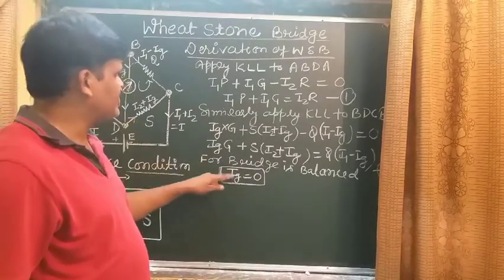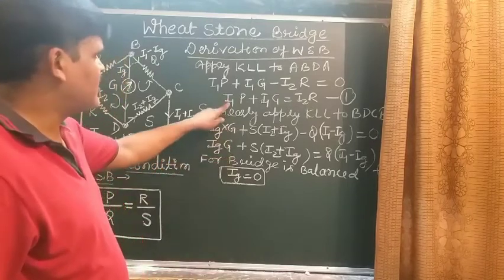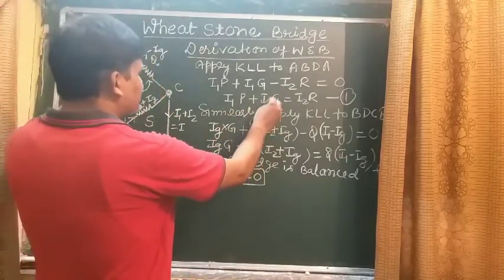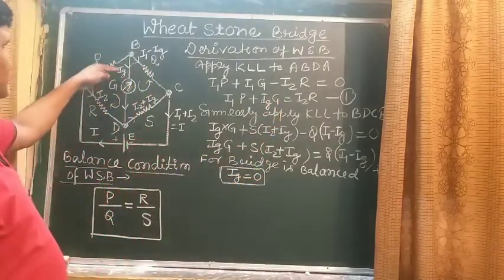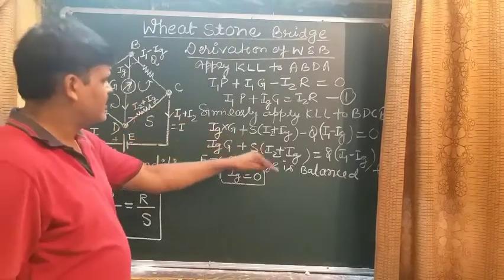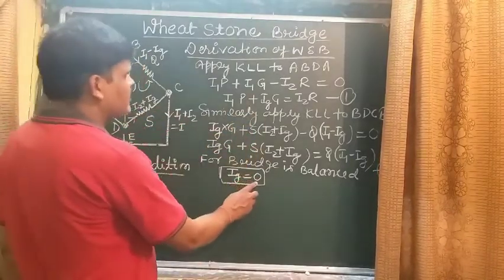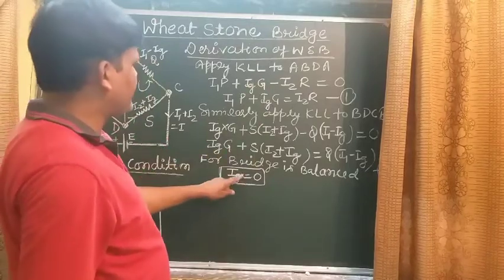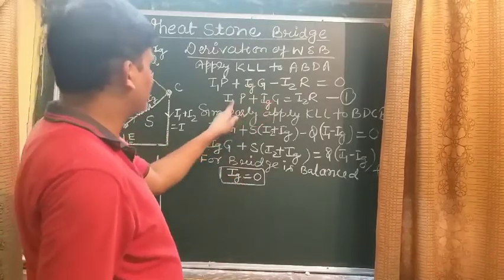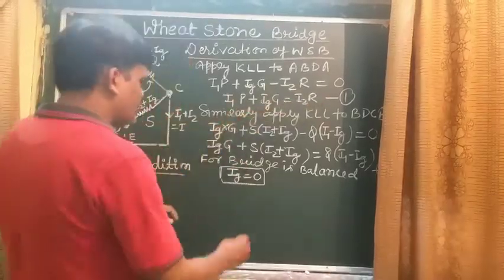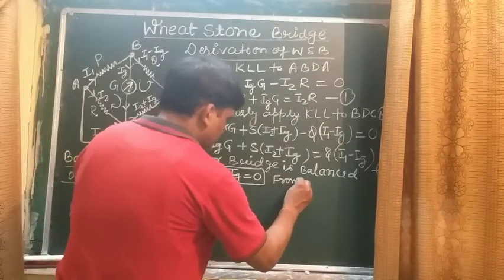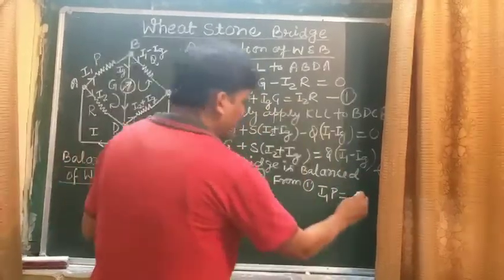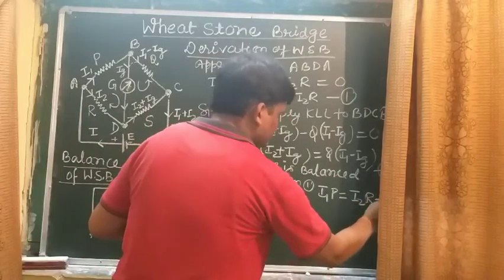And putting the value of Ig in equation 1 and in equation 2. In equation 1, see here, the current flowing in the galvanometer is Ig. So in I1P plus Ig G, now putting the value of Ig equal to 0, equation 1 can be written as I1P equal to I2R, and this is equation 3.